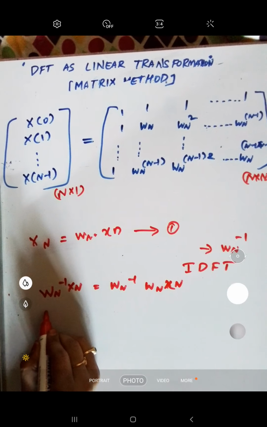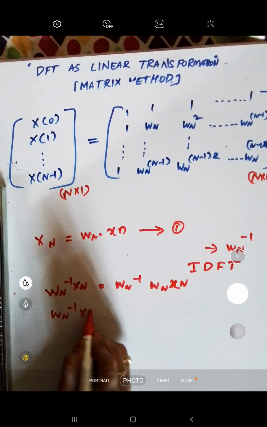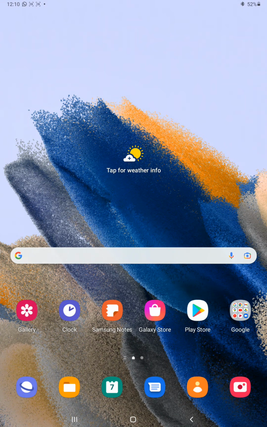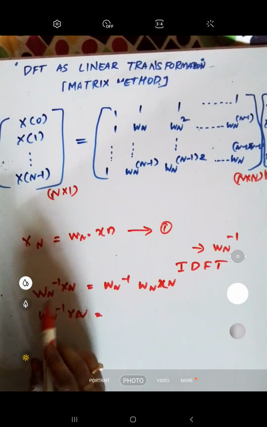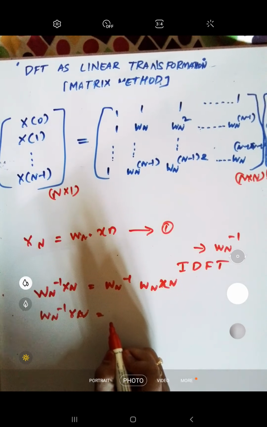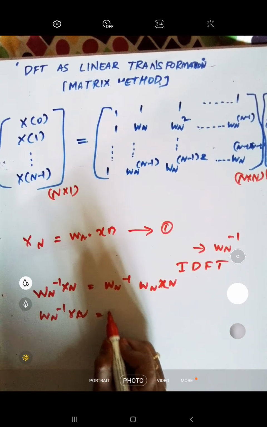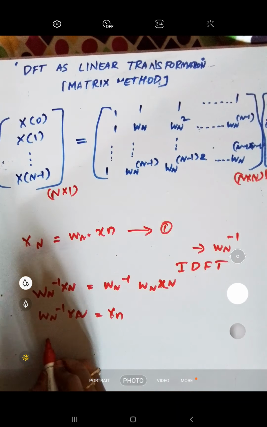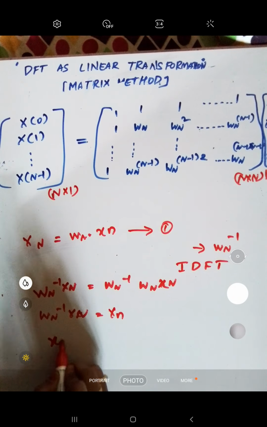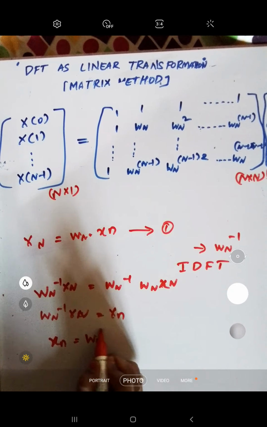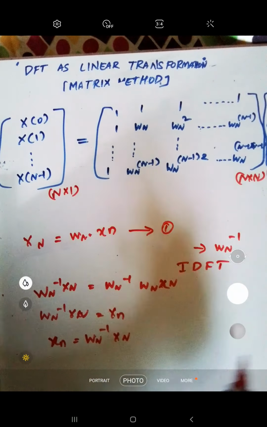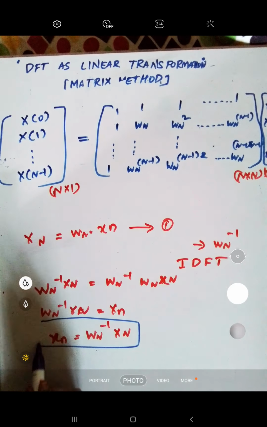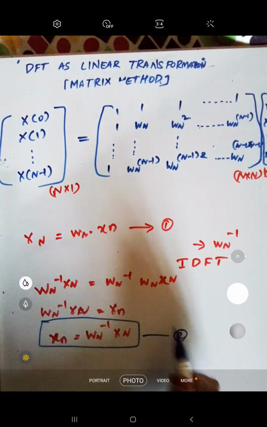Here W_N inverse and W_N get cancelled. Then x of n is equal to W_N to the power of minus 1 X of k. This is equation number 2.